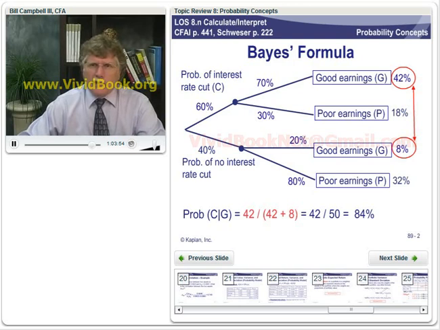Well, that's 42%, this number up here on the top, divided by the total of those two, 42 plus 8. 42 over 50, 84%. The way that Bayes' theorem works is we already know the probability of G given C. The probability of G given C is this 70% here. We're going to use that to calculate the probability of C given G.